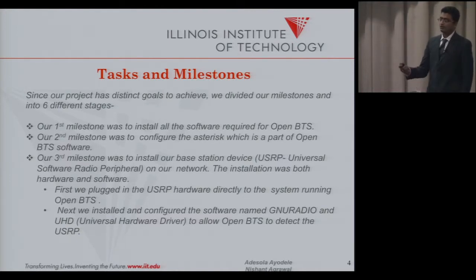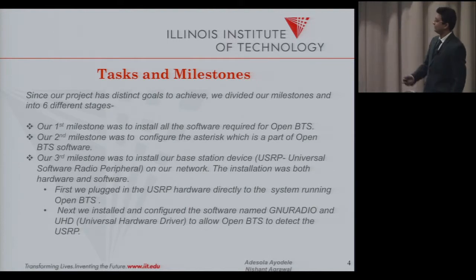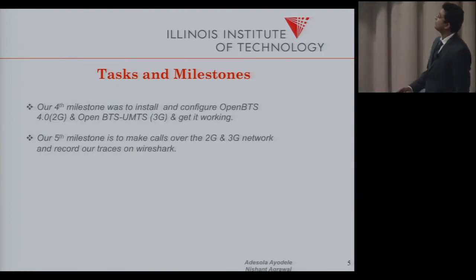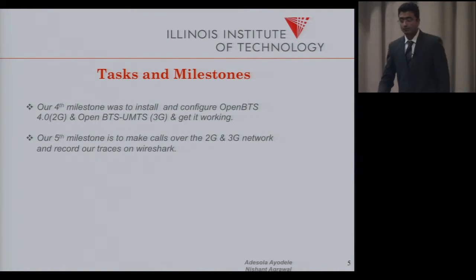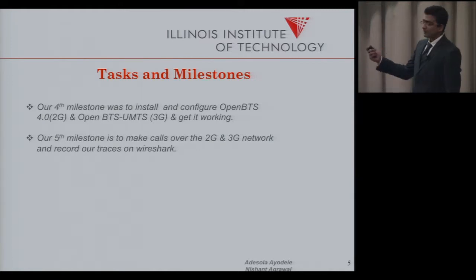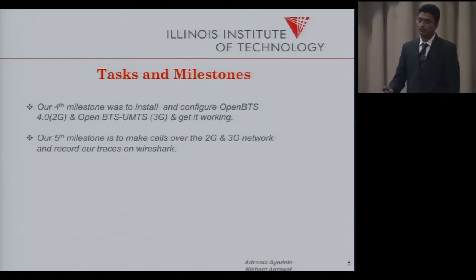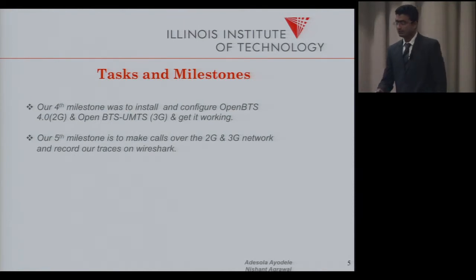And the second one is UHD, the Universal Hardware Driver, which is required to install the USRP so that the USRP works. And our fourth milestone was to configure OpenBTS 4.0 that works with 2G, and the OpenBTS UMTS that works with the 3G network. And our fifth milestone, we kept as taking our traces on the Wireshark so that we get to know what is happening on the network.